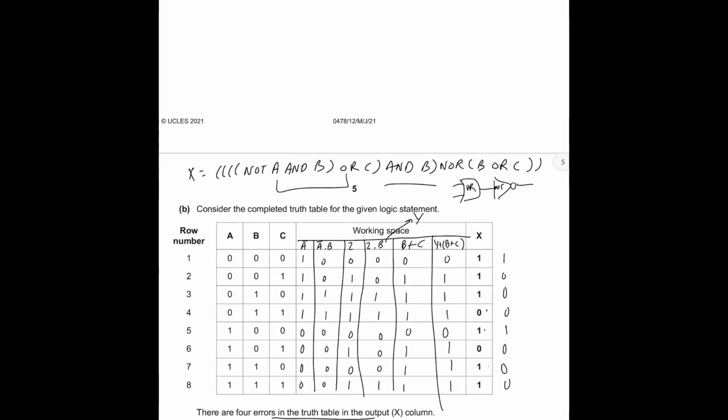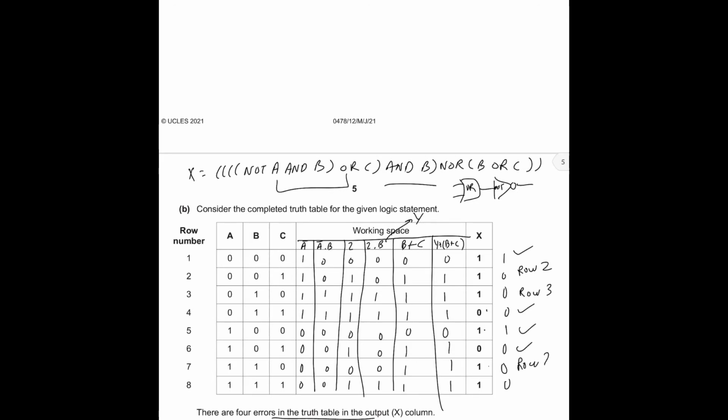So the error, right? We can see that there's an error in row 2. We can see that there's an error in row 3. This is correct, this is correct, correct, correct.